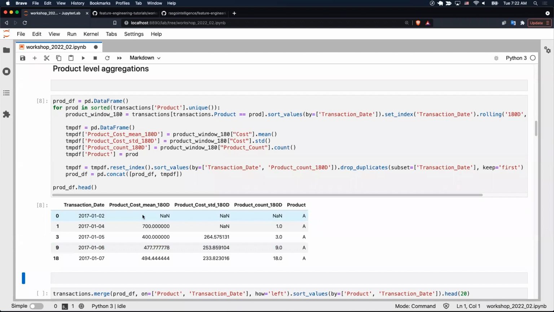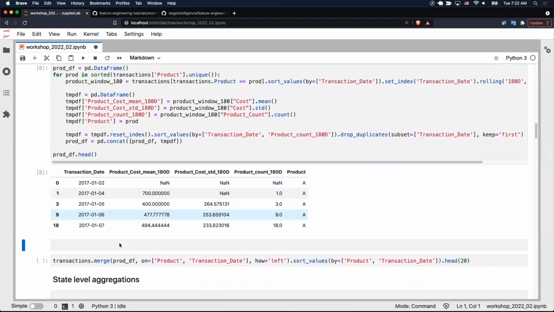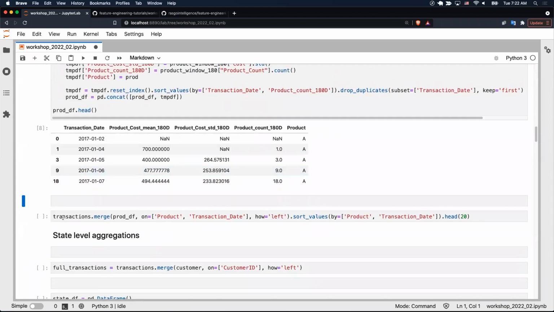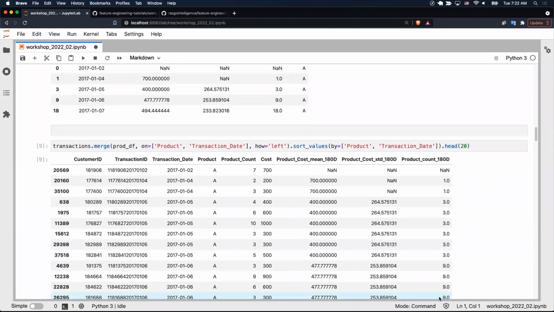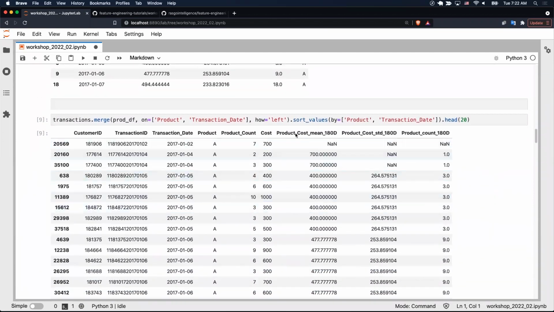We're not including anything from that first day. As soon as we have multiple days, we see that build up. Now, I can merge that back in. Notice that we are merging on product and transaction day. And we can see we now have that product cost value being pulled back in for prior days.